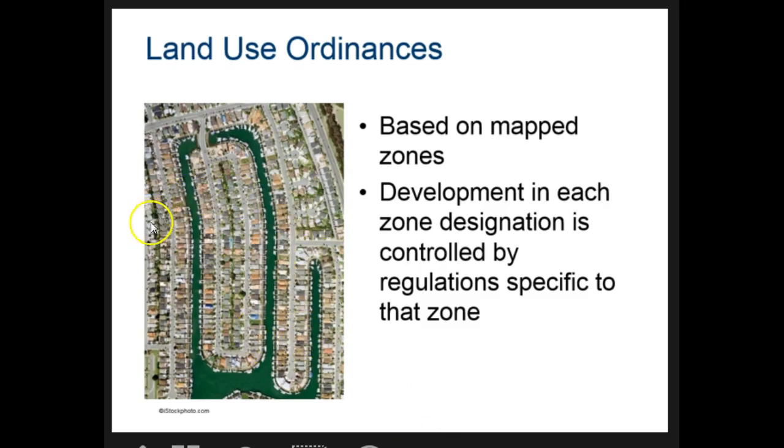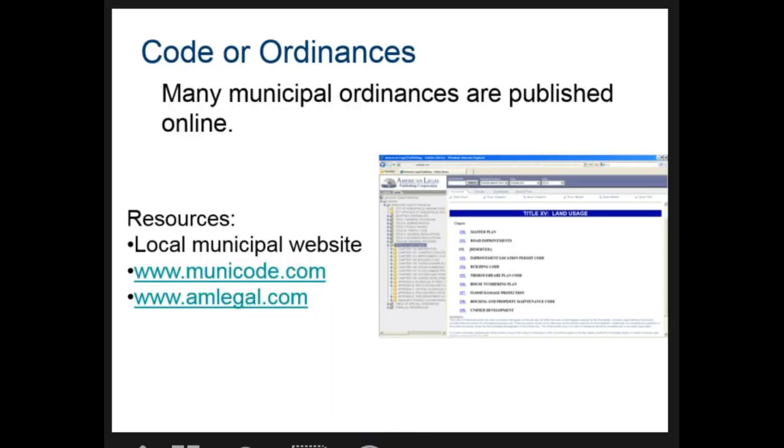So for example, this area here, those all look like really tight houses that are very close to each other. That's probably that dense single family. You can look up any city you want at one of these, and if you go through, you'll be able to find the information on it.